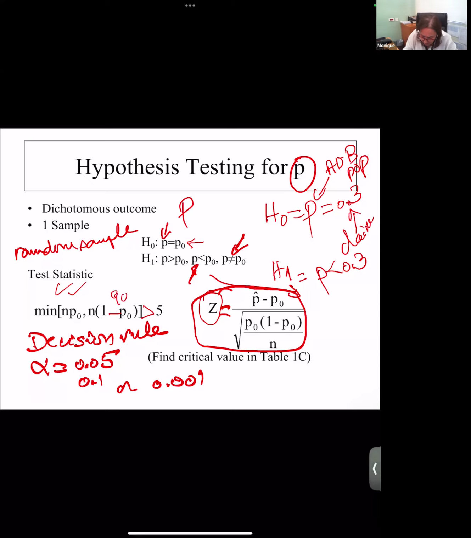Meaning, we multiply the sample size by P0 and by 1 minus P0. We can also do it with the sample statistics, not only with P0, but they should be equal or greater than 5. And then I do my Z statistic and compare the Z to 1.96, the critical value that corresponds to alpha.